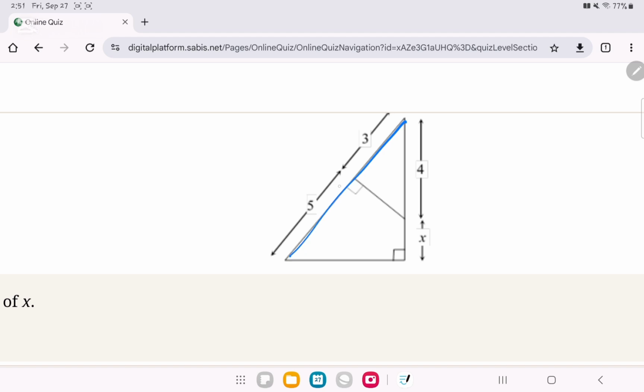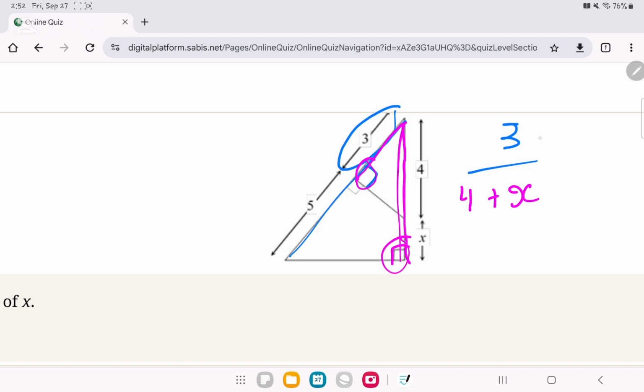So if this is 90, then definitely the side next to the 90, which is 3, is going to be proportional to 4 plus x, which is the side next to the 90 degrees. Here in the blue we have 3, and here in the pink we have 4 plus x. Okay, good so far.